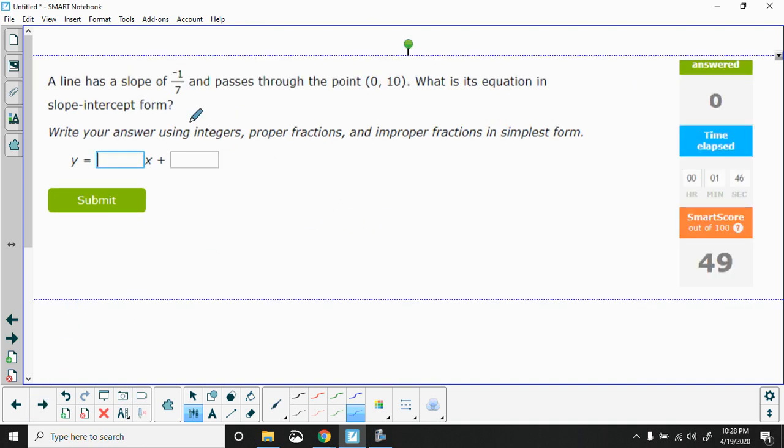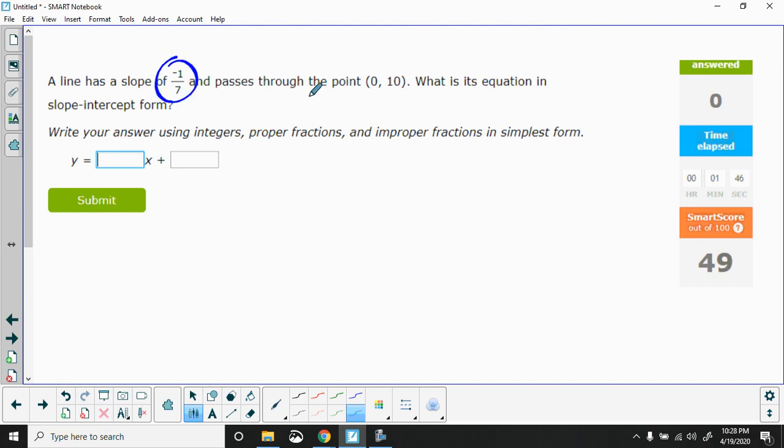Again, a line that has a slope of -1/7 passes through the point (0, 10). Kind of out of order, but that's okay. Still the same setup. This is x, this is y, that's our slope. So 10 for the y. X is going to be, I got that backwards.